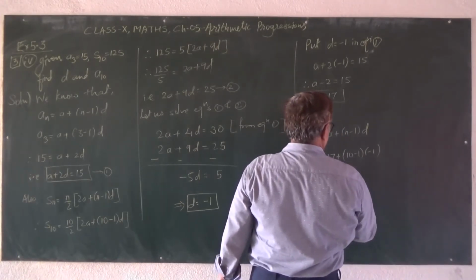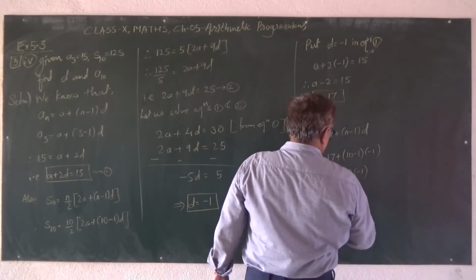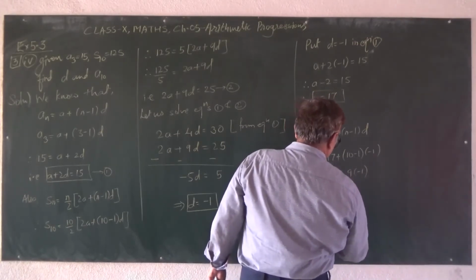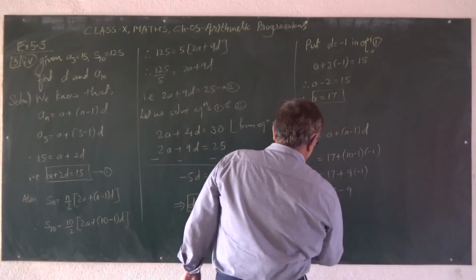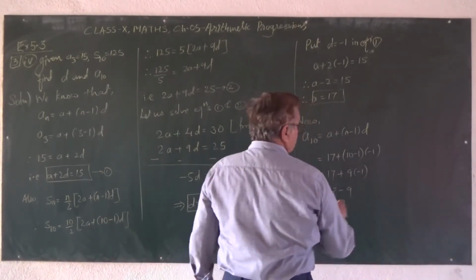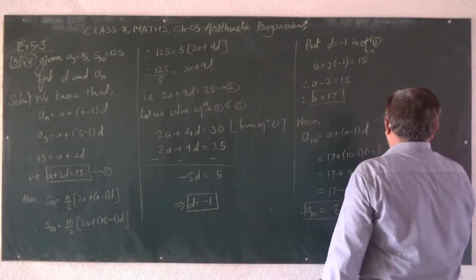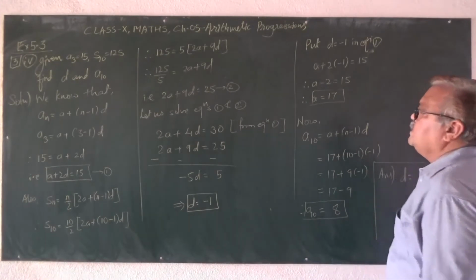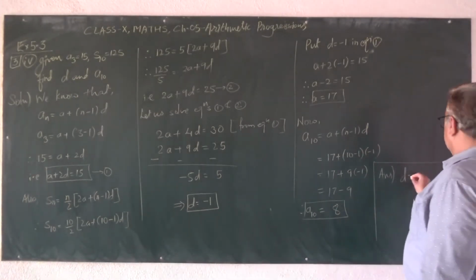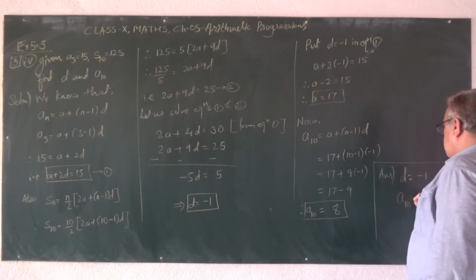Okay, 17 plus 9 into minus 1. So 17 minus 9, that is 8. So therefore you got the 10th term as 8. So your answer you can write: they have asked you to calculate D, so the common difference is minus 1 and the 10th term is 8.